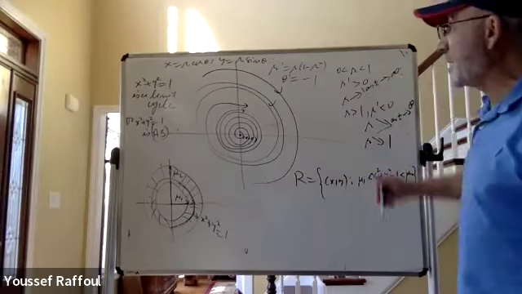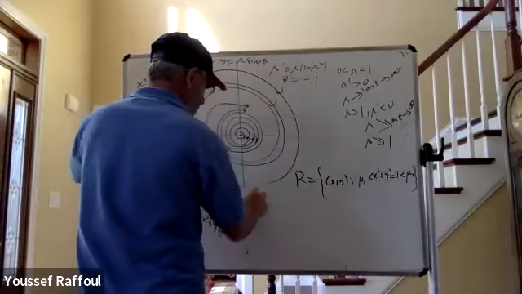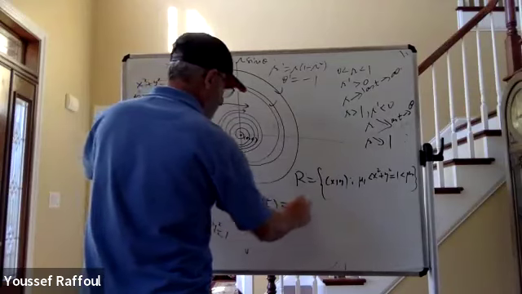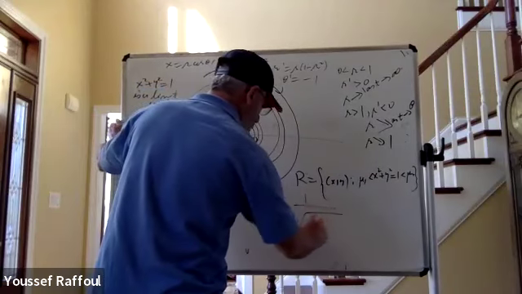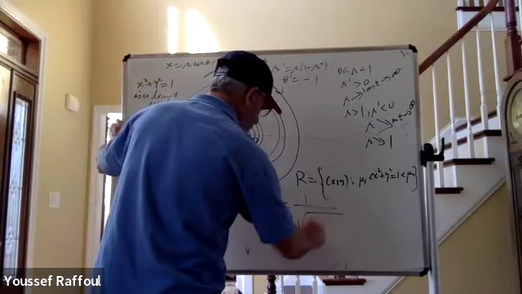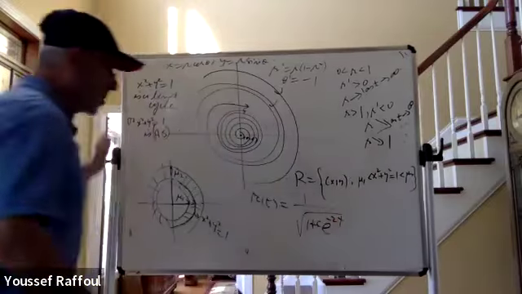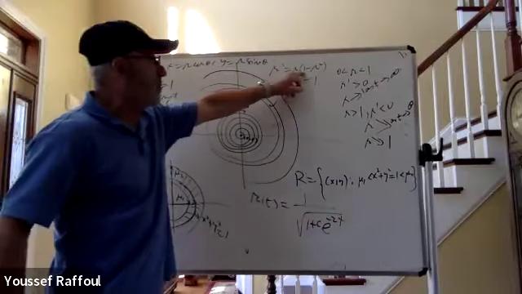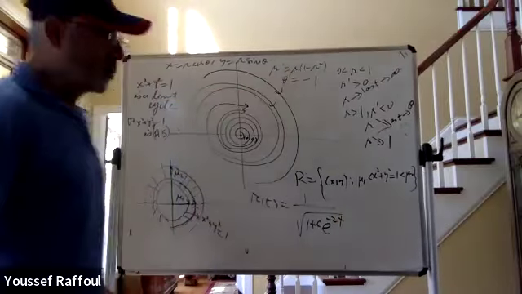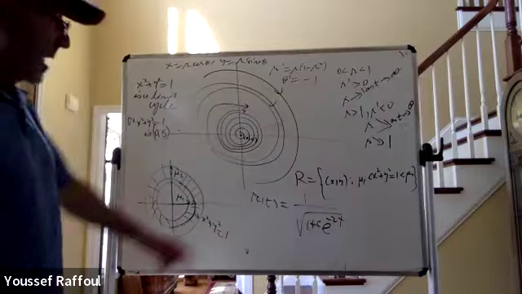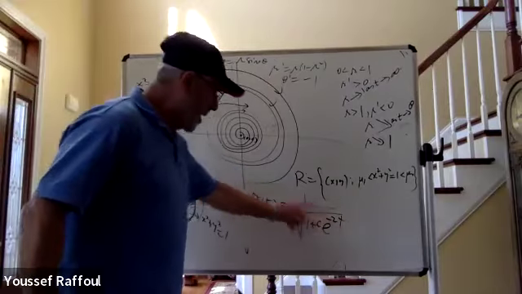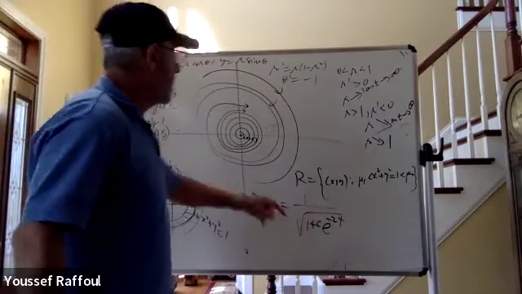How do we know that? Because the solution equals 1 over the square root of 1 plus c e to the minus 2t. That is the solution for this system. You do partial fractions. As you see, as t goes to infinity, r goes to 1.